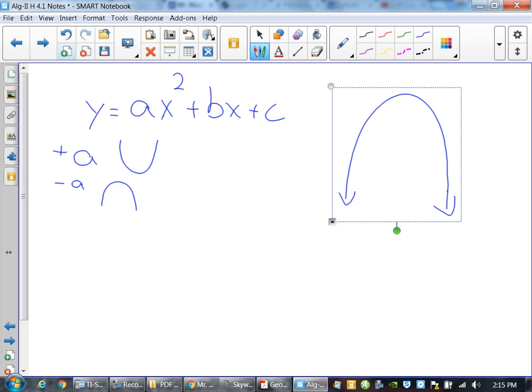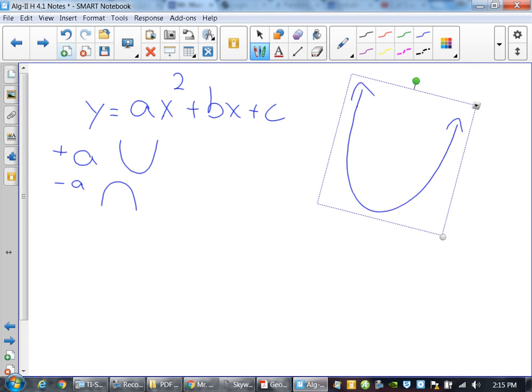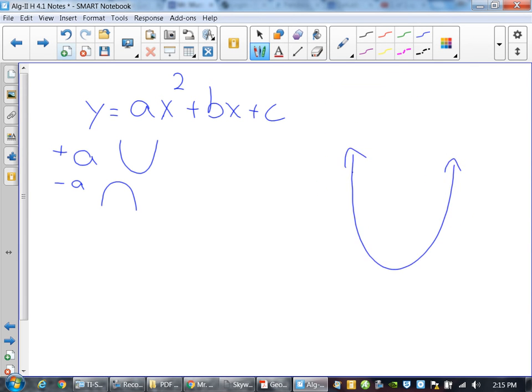The one thing that you will always see with parabolas is that they are symmetrical about a vertical axis, which means every single point that lies on the parabola is always equidistant to that imaginary vertical line.